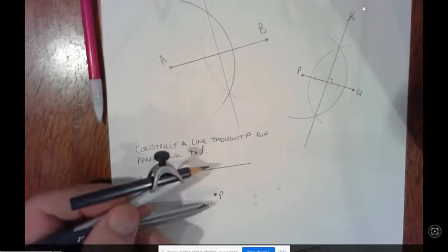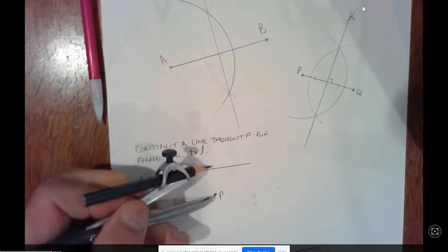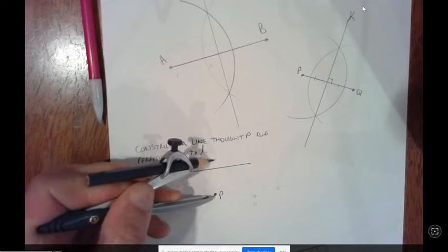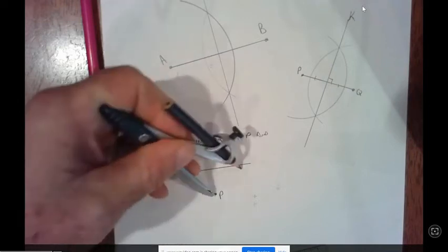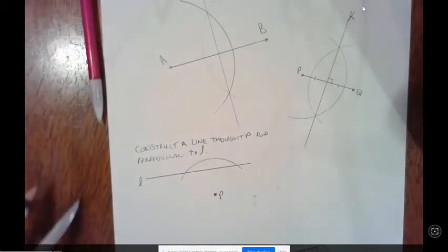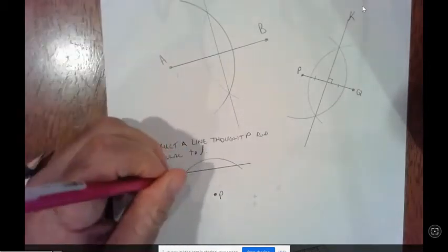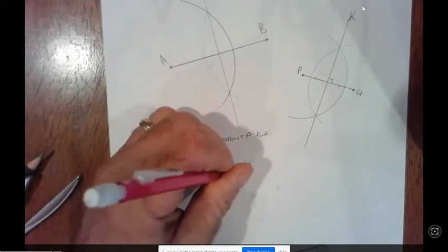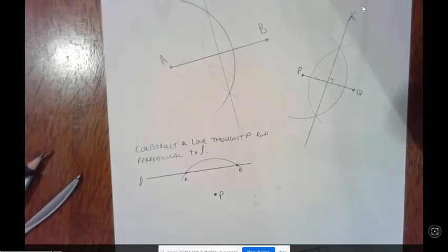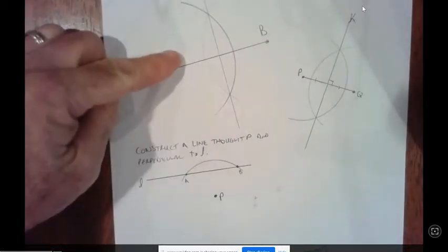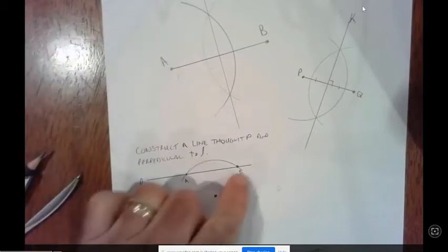Put the compass at P and open the compass up so that it reaches a little bit past line L. Make an arc. Those two points where the arc intersects line L, we'll call A and B. Now we want to repeat the construction that we did up here, which is the perpendicular bisector of AB.